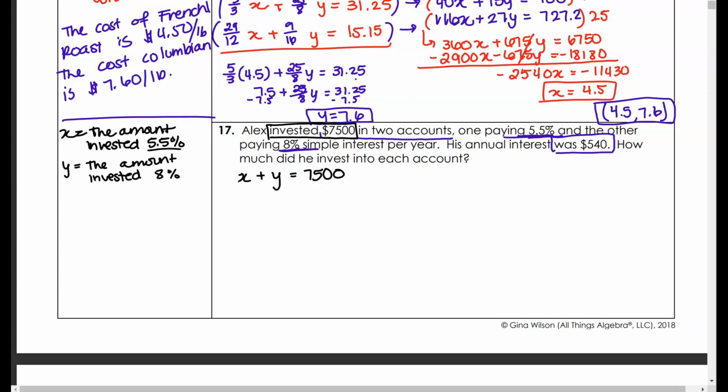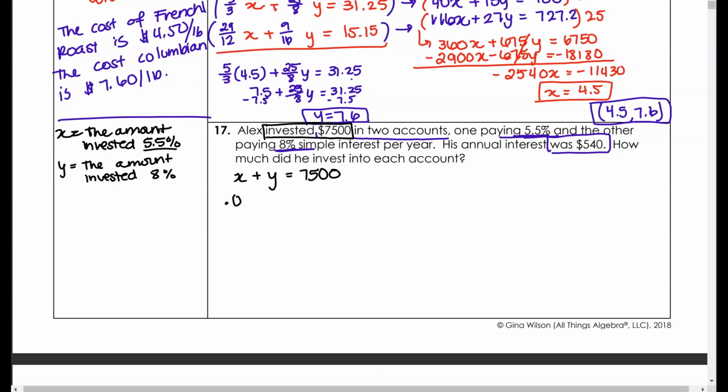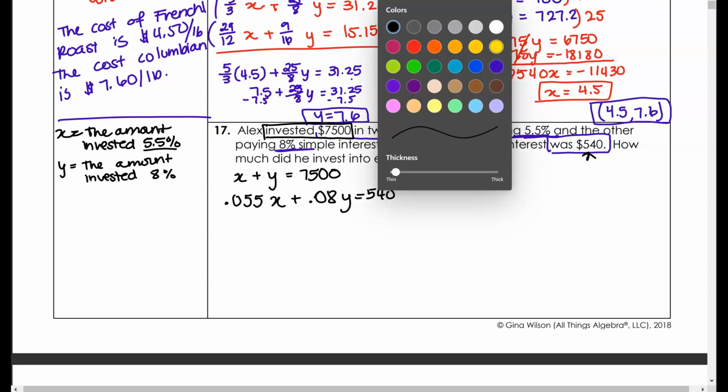So we're going to write that as a decimal, which will turn into 0.055 times X. So this represents that percentage times the amount we invested, which represents the interest that has been gained, plus 8% for that Y. So then that would be 0.08Y, and that's equal to $540. I feel like it's really hard to get interest that high.